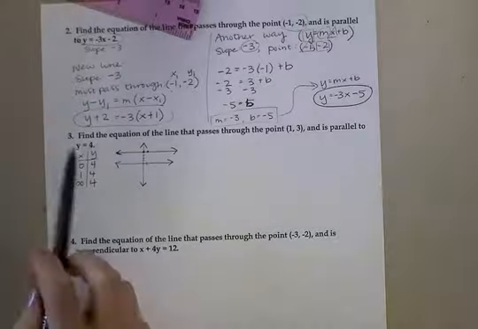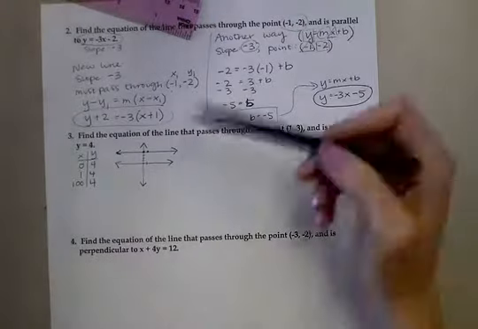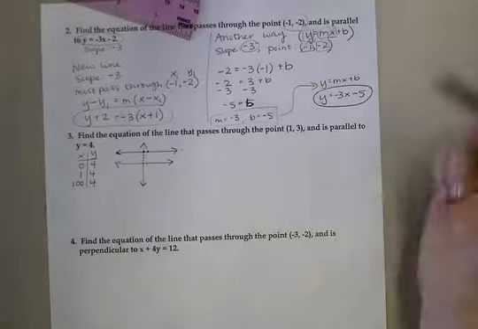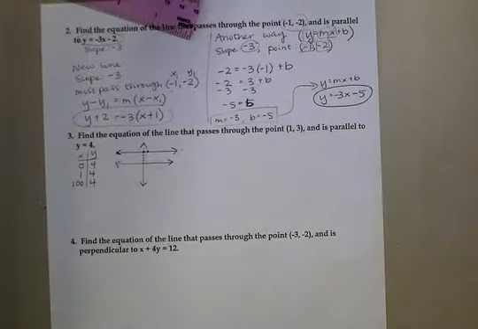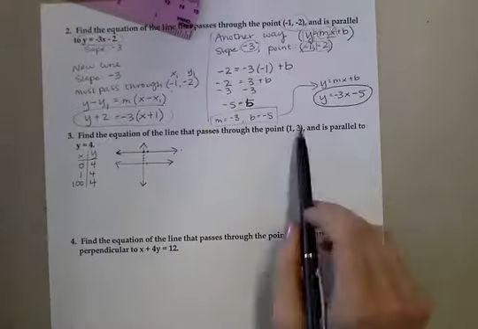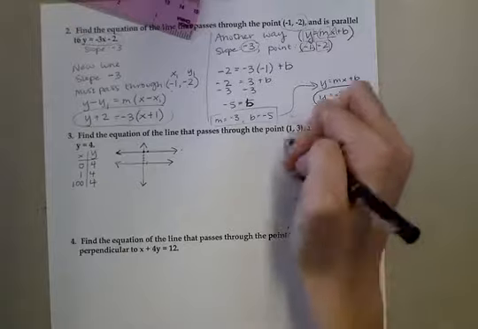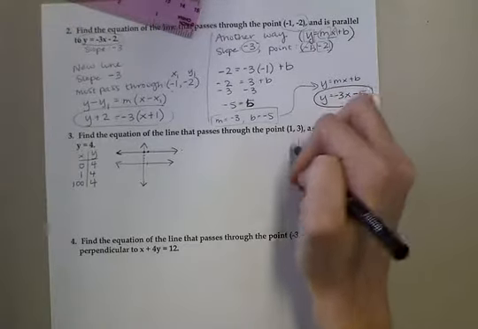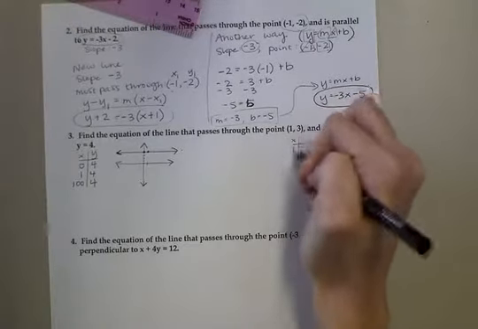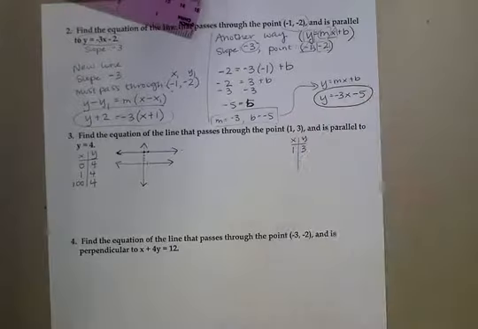If we can't tell from the equation what the slope is, well, let's look at the graph. That's a slope of 0. So we need another line with a slope of 0. We need another horizontal line. Now our point, 1, 3, this is where x is 1 and y is 3.